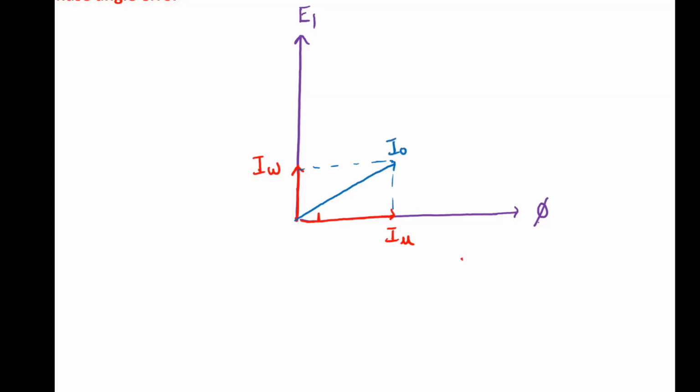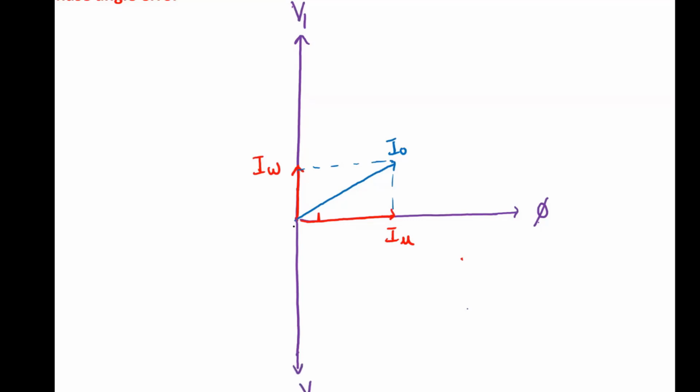Similarly, your E2 phasor will be like this. This is your E2, or we can write this ideally as V1 and V2.